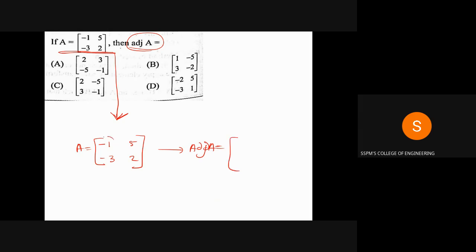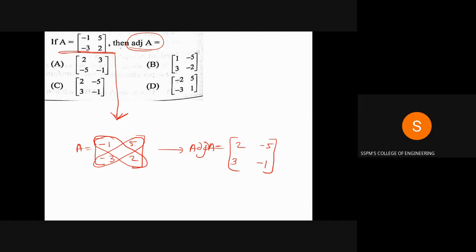See this. These two elements, you have to interchange their positions. So minus 1 will be written here and 2 will be written here. And for these two elements, you have to change their signs. So 5 becomes minus 5, minus 3 becomes 3. This is the simple way to find adjoint of a 2 cross 2 matrix.